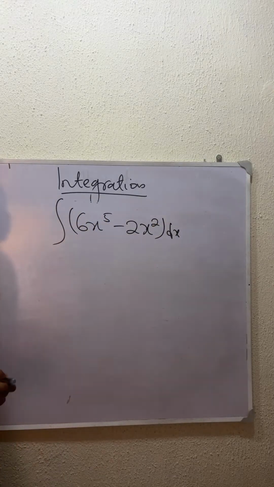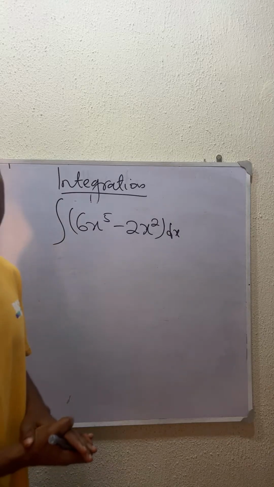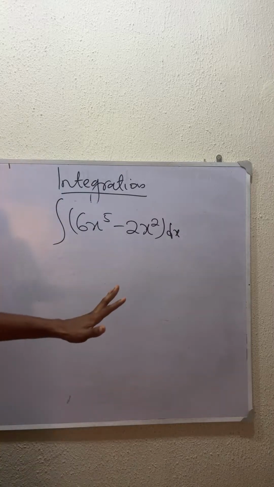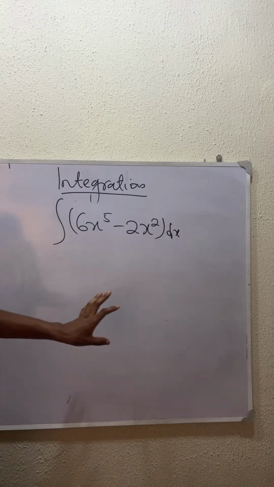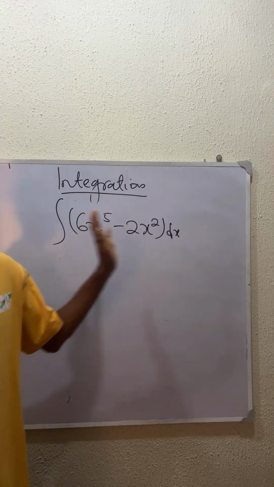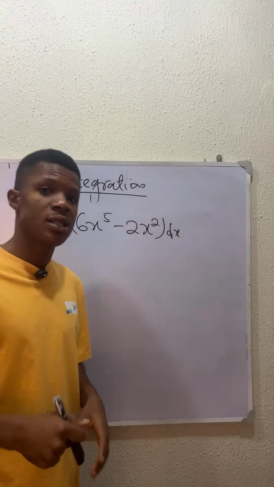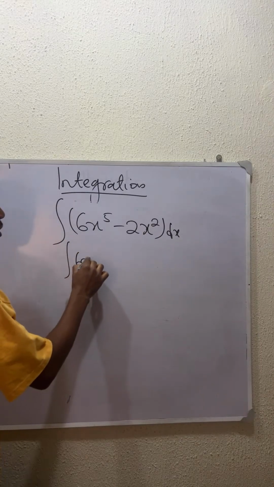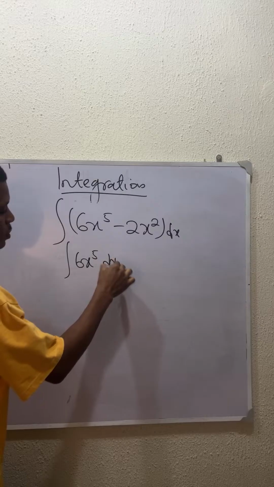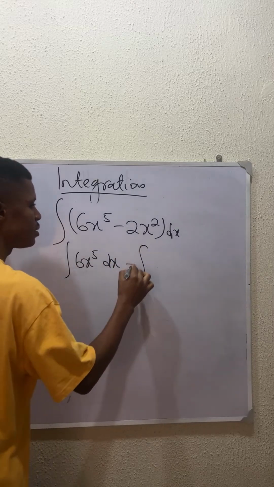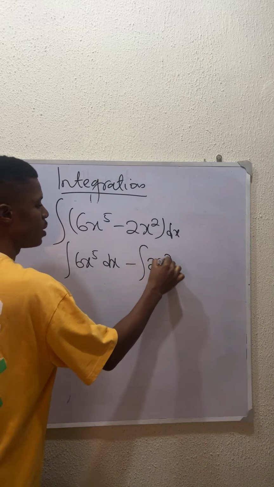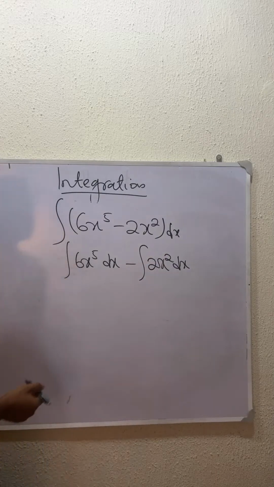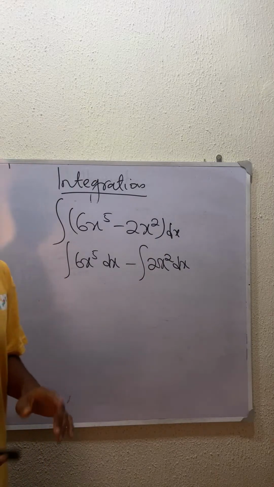The function in question is a difference, so for you to integrate it, you have to integrate individual terms. This is 6x power 5 integrated with respect to x, then minus the integral of 2x squared with respect to x. Let's integrate it individually as usual.